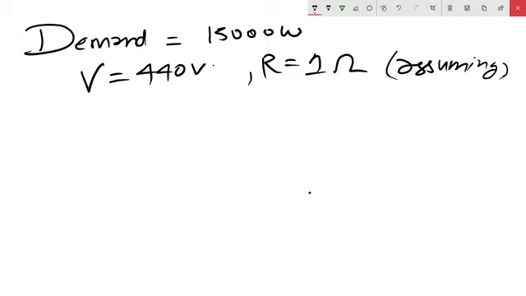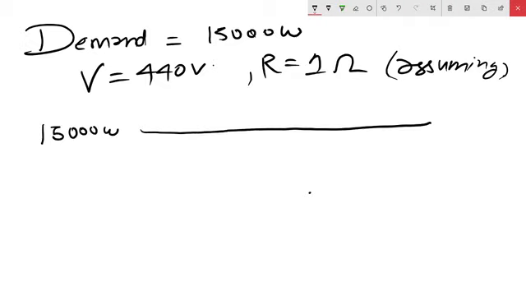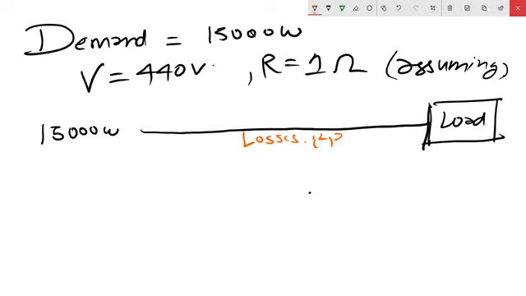Now, in order to deliver the 15,000 watts that the consumer needs, if you are generating 15,000 watts, and this is a transmission line and this is a load, what is happening here? There are some losses during the transmission. That loss is the I square R drop loss.